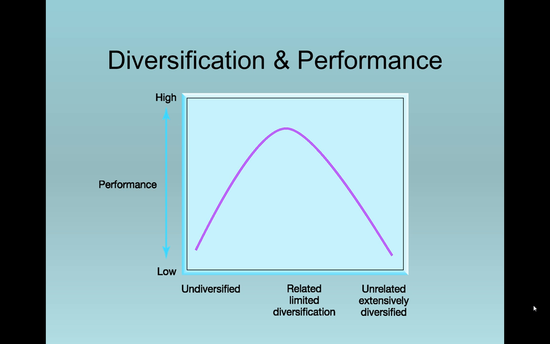The more we offset high risk, high performing businesses with low risk, stable businesses, the more the aggregate performance starts to decline. So the more it becomes unrelated, the more the performance decreases. This has been the principal financial reason why the fashion for unrelated diversification, and it has been a fashion over the years, has moved much closer to the concept of related diversification.